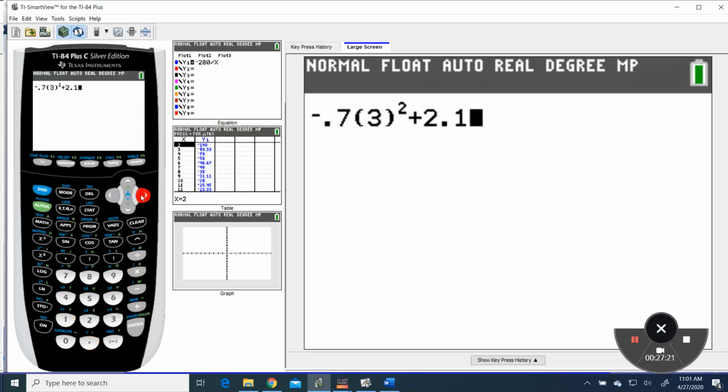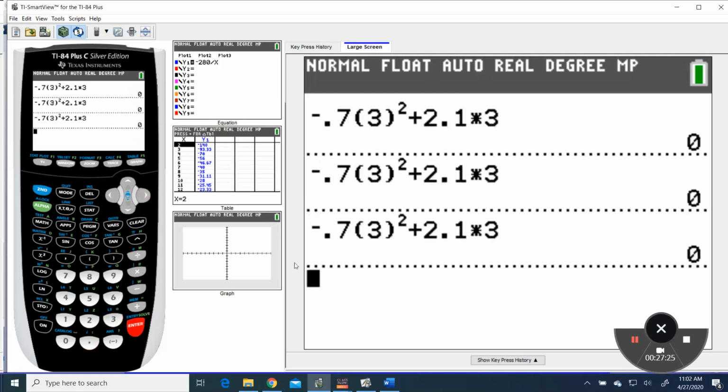There. And it says it's 0, which it should be because we know that's when it comes back down to the ground. So if I hit second enter, remember I was supposed to have typed in 1.5 because that's the halfway time. So let's replace those 3's with 1.5's, and that's going to be the maximum height.